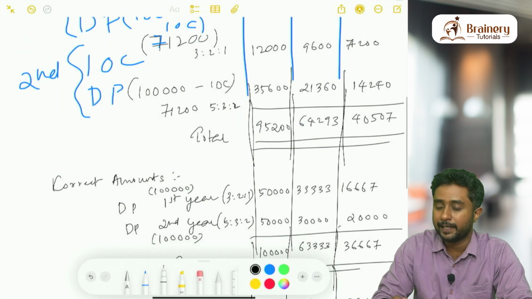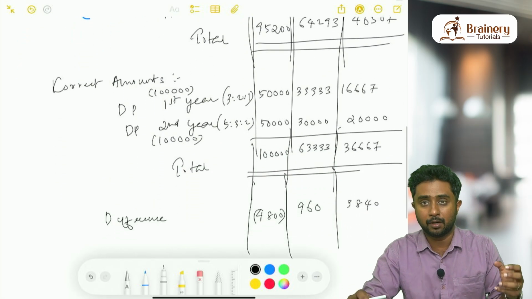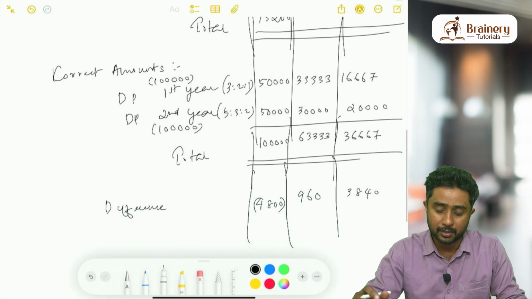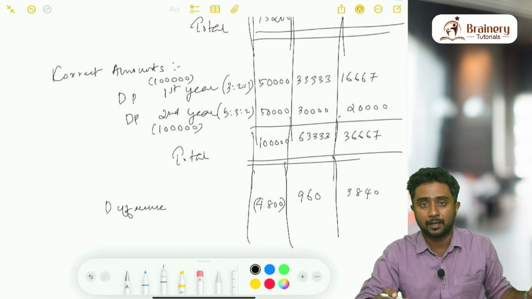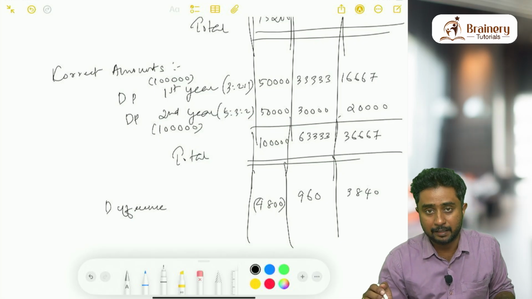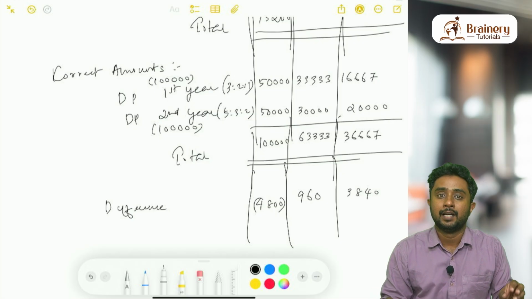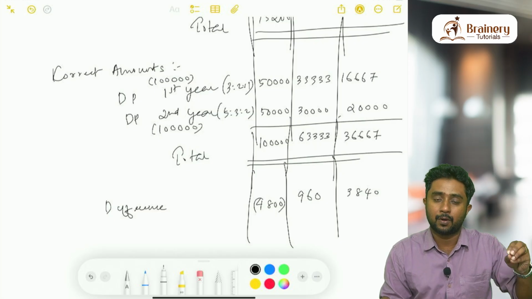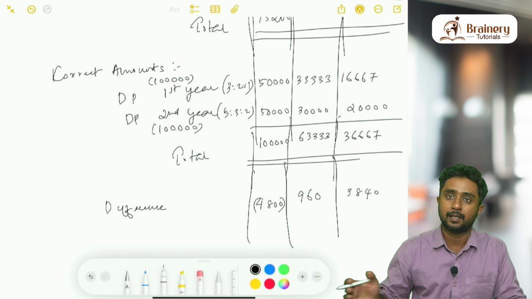Because of the errors that we committed while preparing the accounts, some people have got extra money in their capital accounts which they have to return back to the people who have got a negative value. That means here, 4,800 is the negative value. Because of these errors, the first person is actually getting 4,800 rupees less, which other partners have got in some manner.